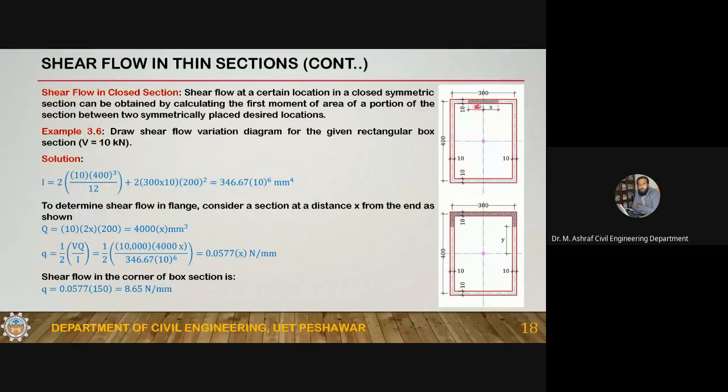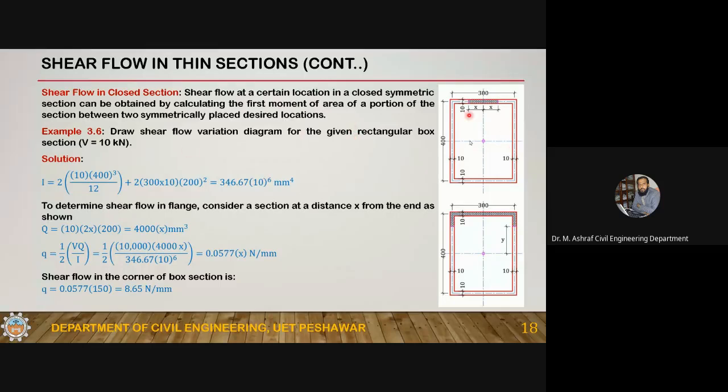Then calculate the first moment of area of this shaded portion and calculate the shear flow. But the shear flow at this location will be half of this, because the shear flow is dividing into two parts. One shear flow is produced here and the other shear flow is produced here. So that's why you will have to divide it into two parts. Okay, so this is the procedure in the case of a closed section.